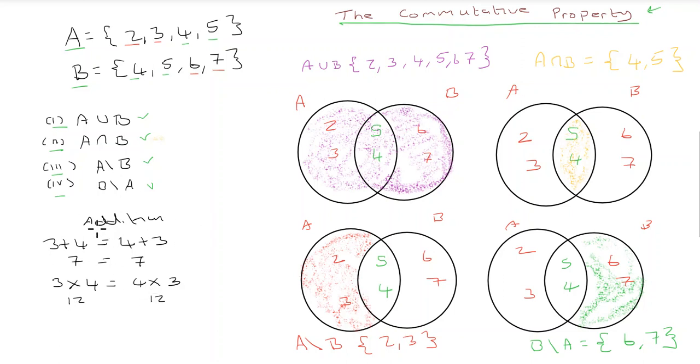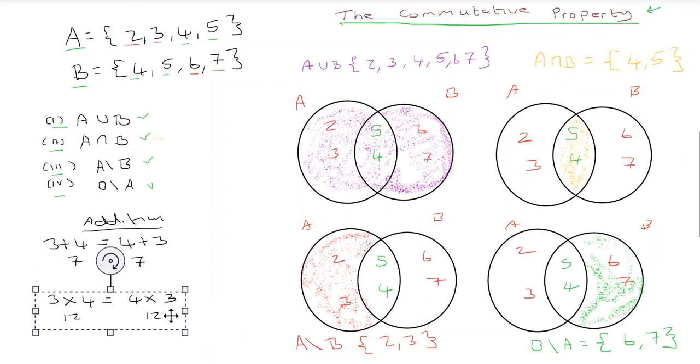So that's addition, and this here is multiplication. Okay, so addition and multiplication are said to be commutative.